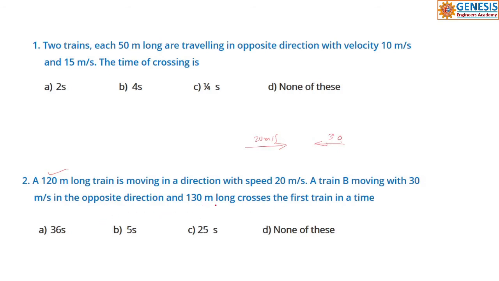So it is 120, it is 130. So the total distance is 250 meters. Okay, so what is the relative velocity? Both are in the opposite direction, so you have to add them up, and you get 50 meters per second. So the time is 5 seconds.